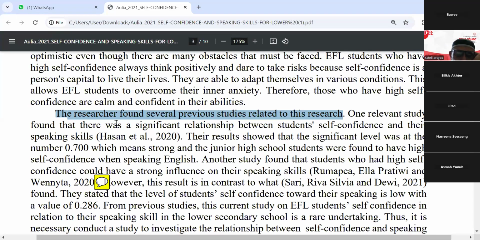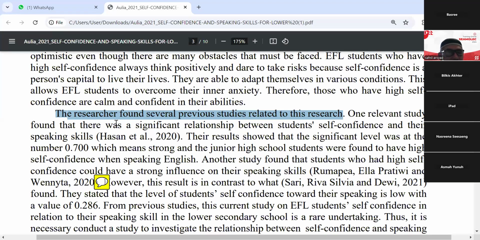The literature review is the review of relevant studies related to the topic of our research, our title, our article. So it is the research story. The researcher found several previous studies related to this research.